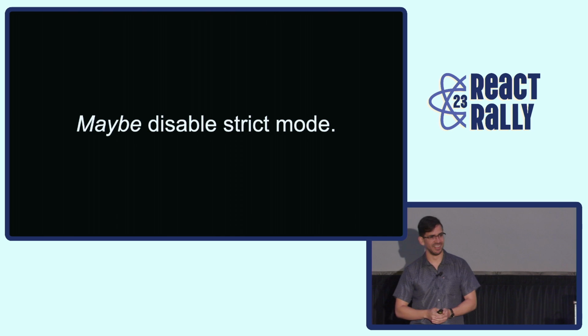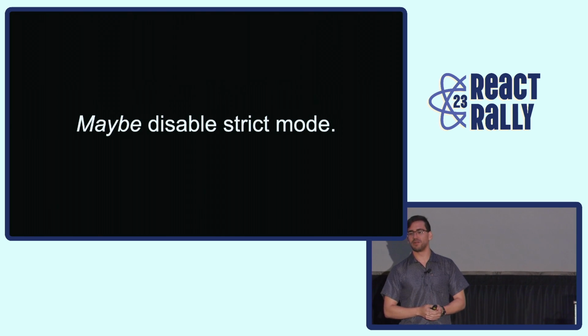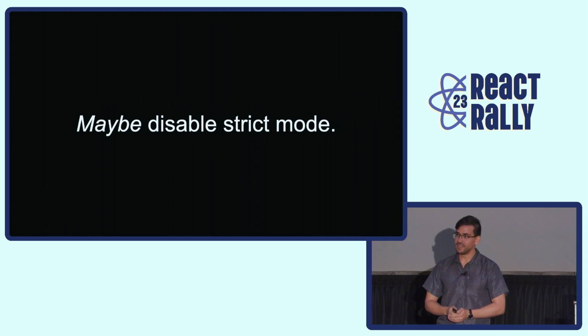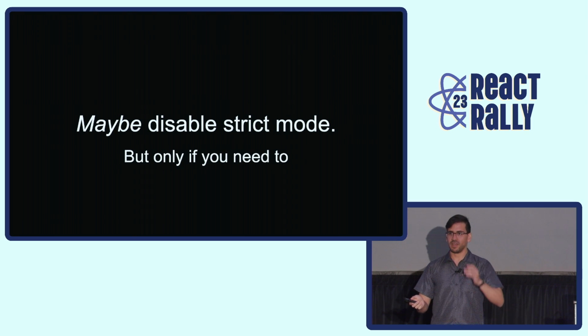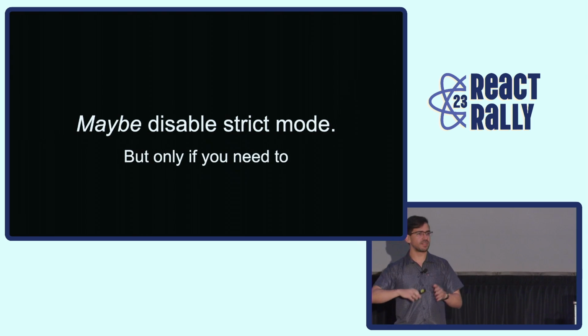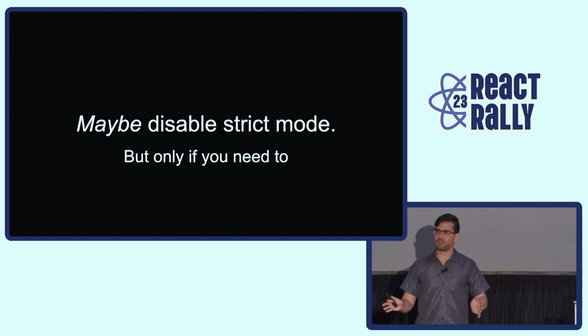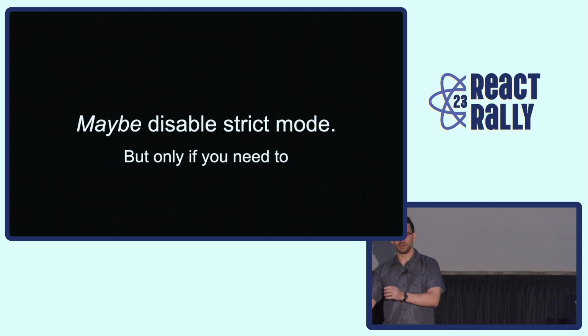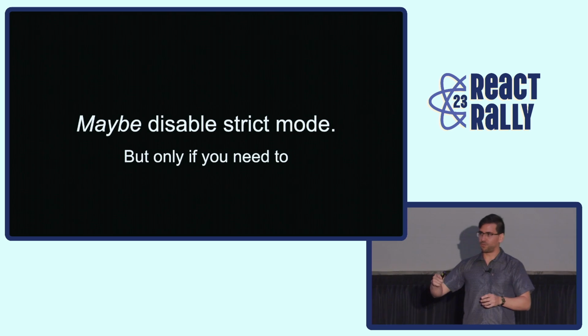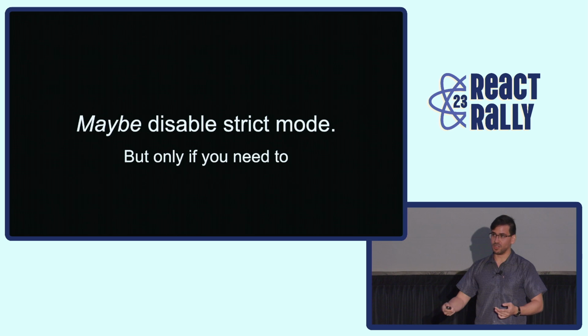So, all right, this is part of my bad advice. Maybe disable strict mode, but only if you need to. There's going to be times where it's like, okay, I know it's ideologically right to have strict mode, but to be honest, most of strict mode is for legacy React. And pretty much the only part of strict mode is for that double execution.